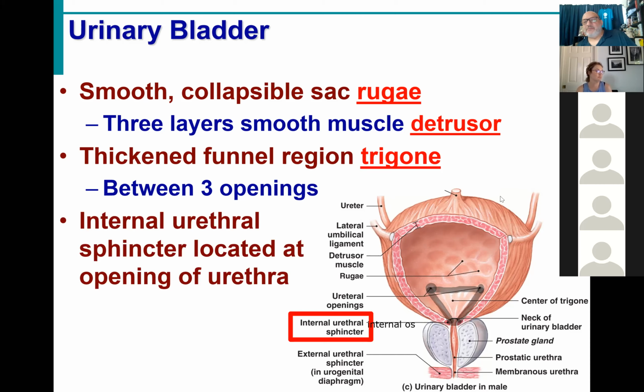Now, as I mentioned, this big, huge, thick, interlaced, three-layered structure is known as the detrusor muscle.